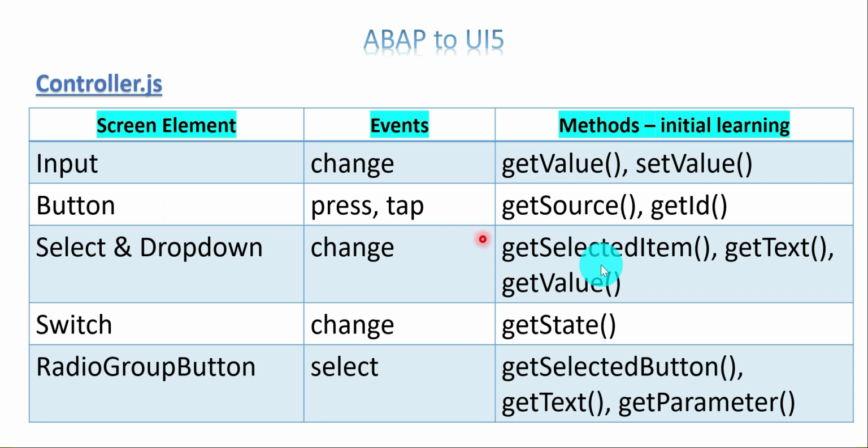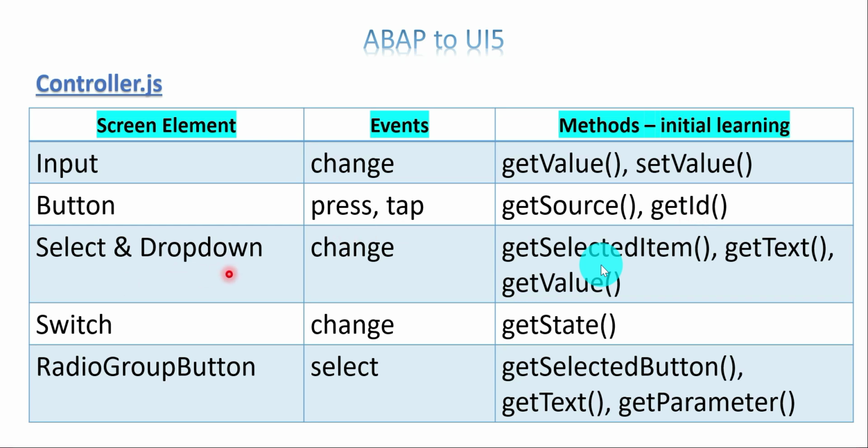For a button, I'm not going to get the value of the button. I want to know the source, the ID of the button, because two buttons are going to trigger, so based on that I want to capture it. Maybe you can have a different event, that's a different story, but I want to introduce some methods in this session. So I'm going to use get source and get ID, where the I is capital.